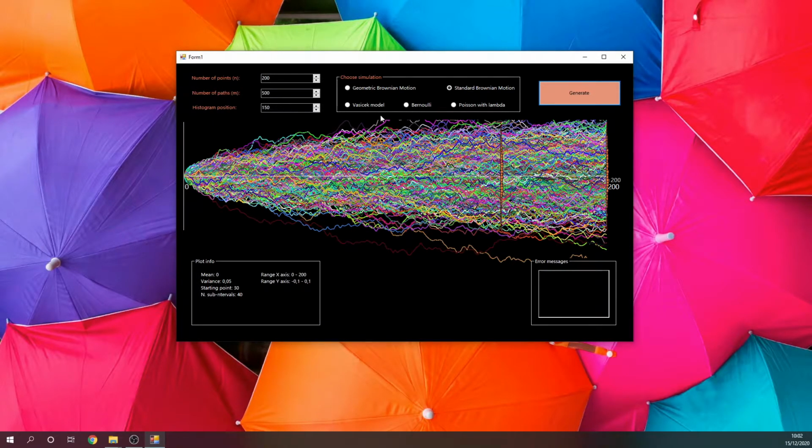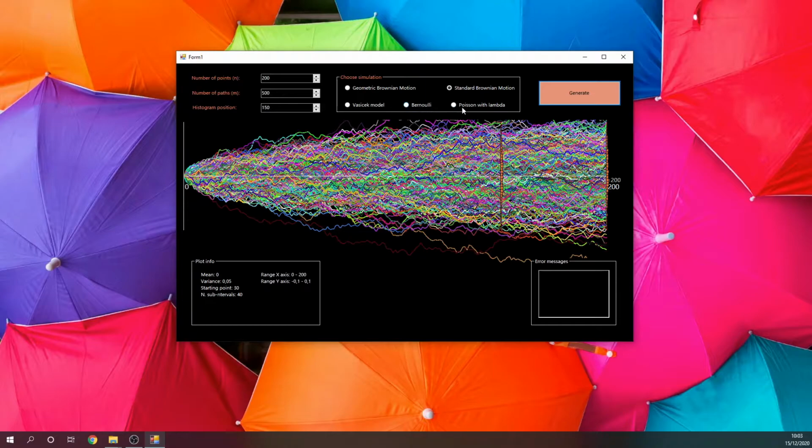Okay, so if we compare to the last histogram, the situation is almost the same. This histogram has a variance that is greater than this, but the situation is almost the same.